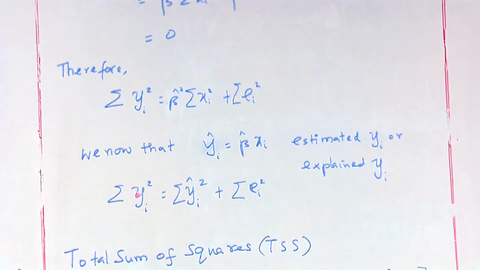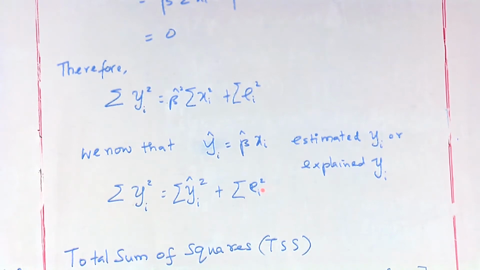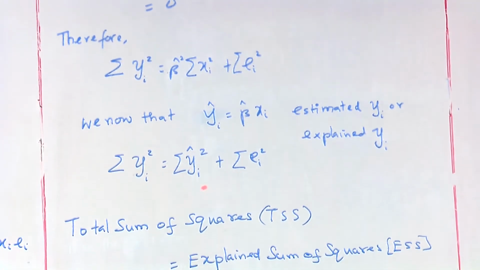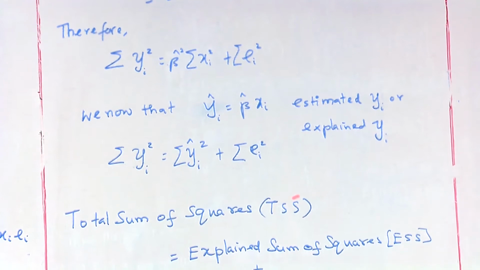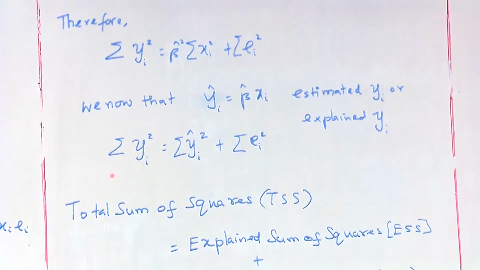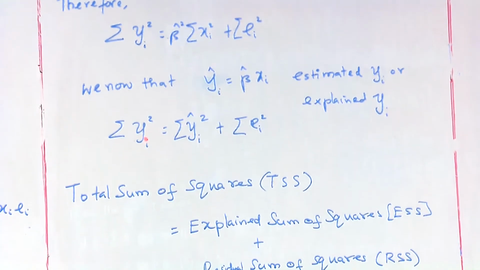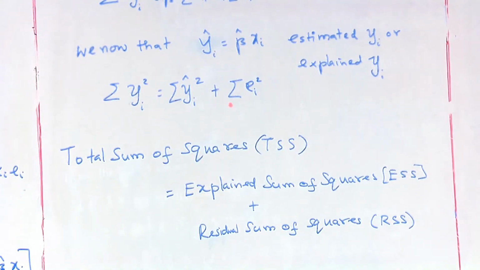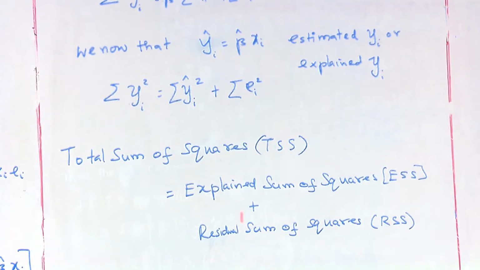So we may write sigma yi square is equal to sigma yi hat square plus sigma ei square. This may be explained as total sum of squares, or sigma small yi square, is equal to explained sum of squares plus the error sum of squares.